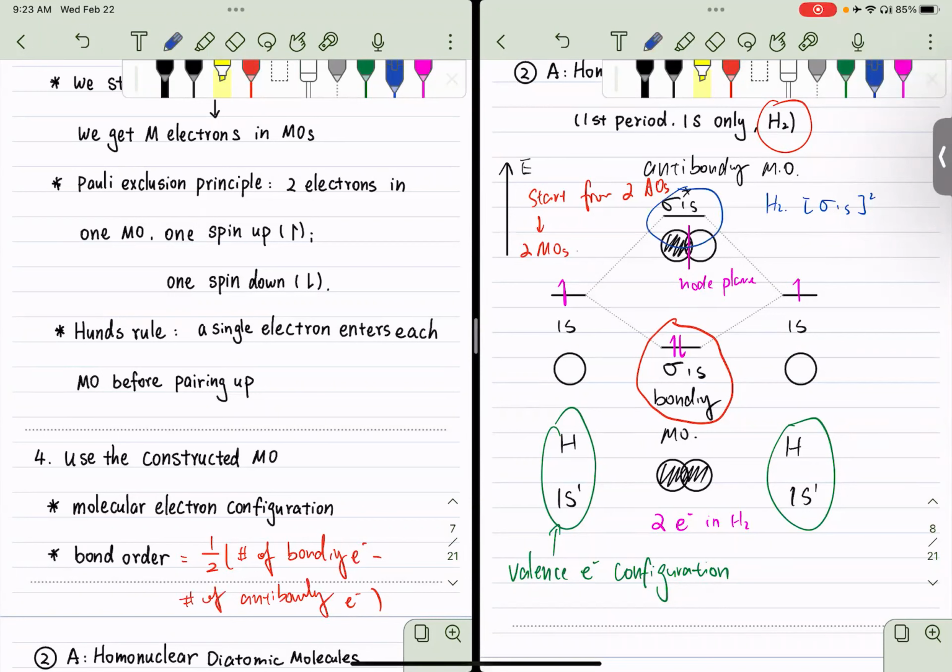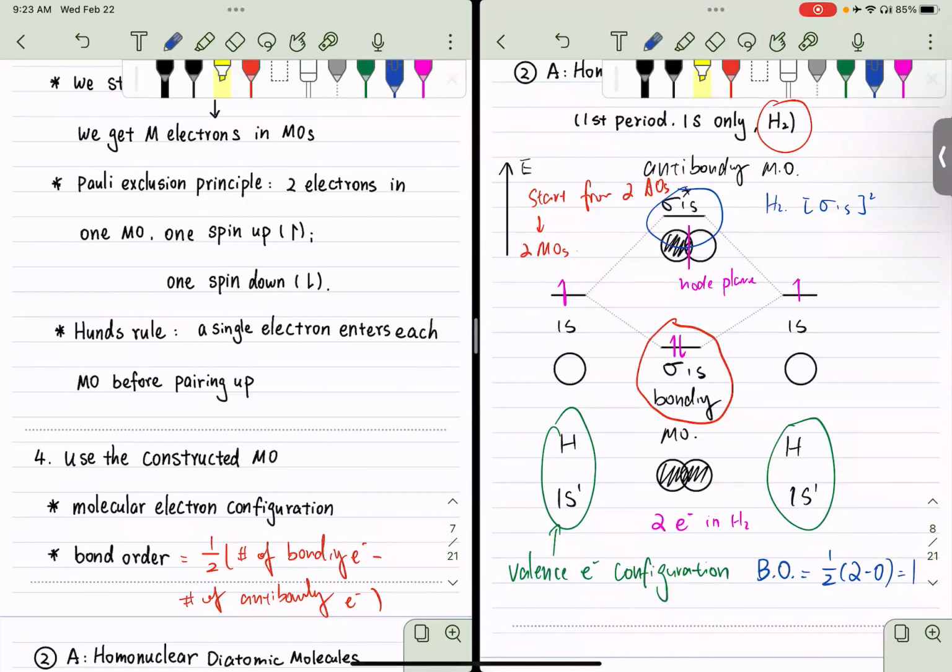So for H2, your bond order equals 1/2 times the number of electrons in the bonding MO, which is 2, minus the number of electrons in the anti-bonding MO, which is 0. And that gives you 1, which is a single bond.